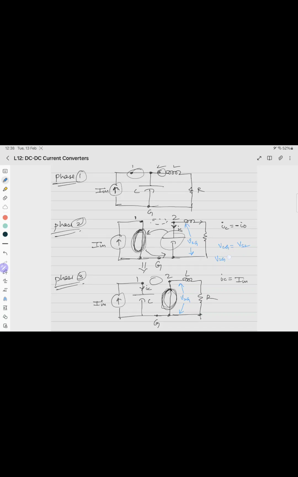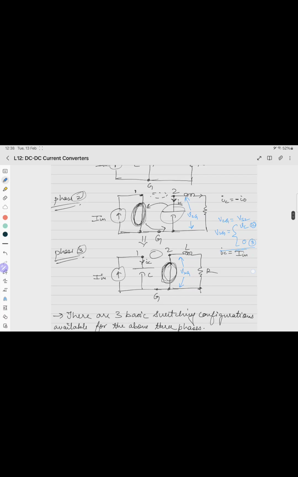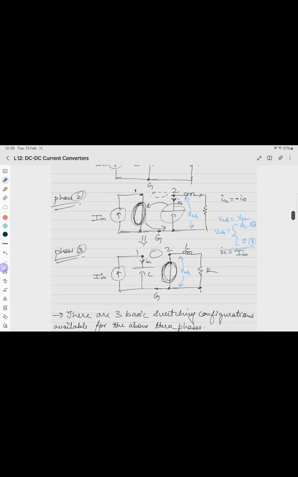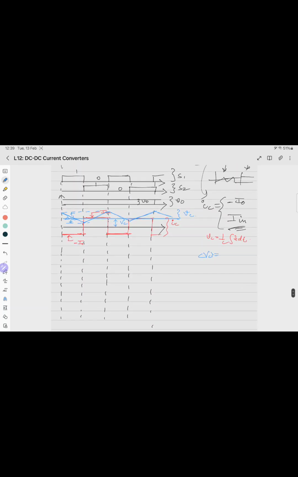So V2G is VC and it is 0. This is for phase 2 and this is for phase 3. We'll use this. So this V2G varies between VC and 0. So we'll draw V2G.